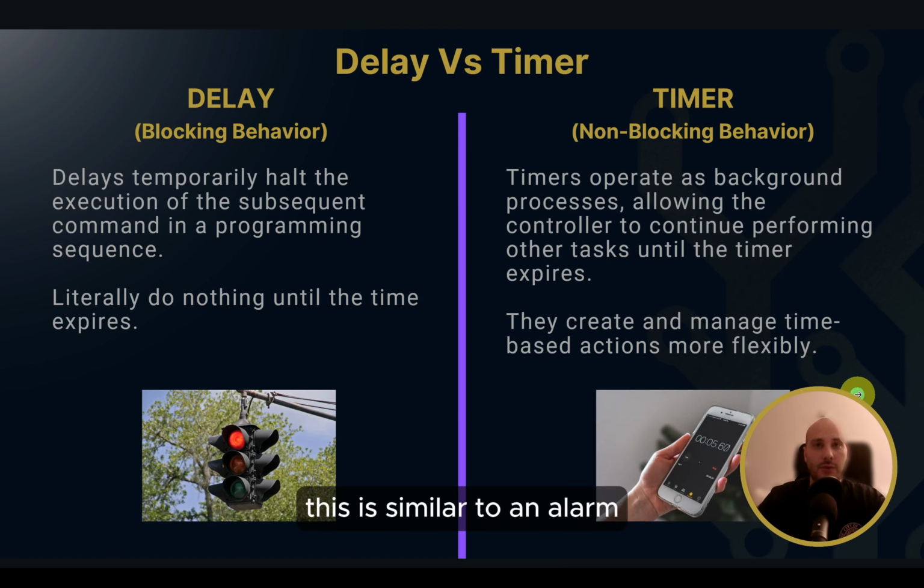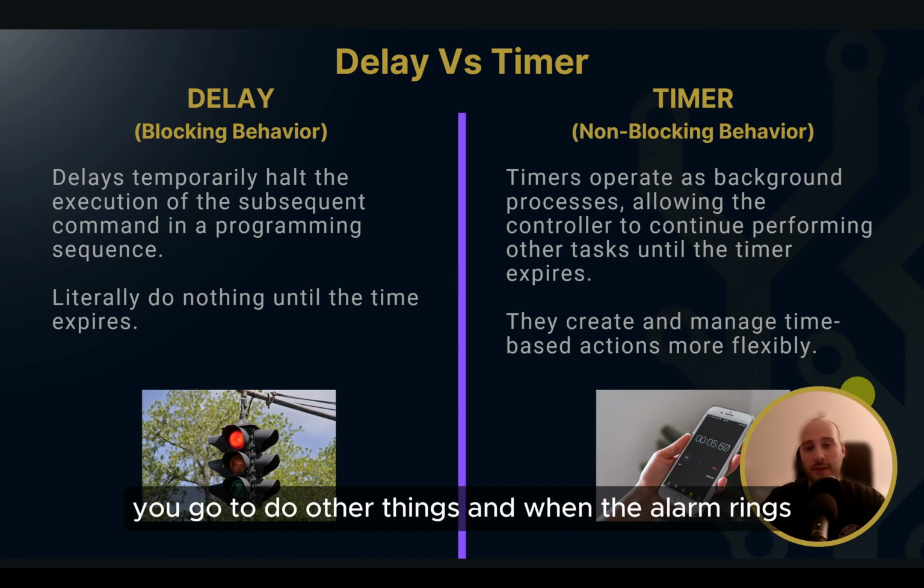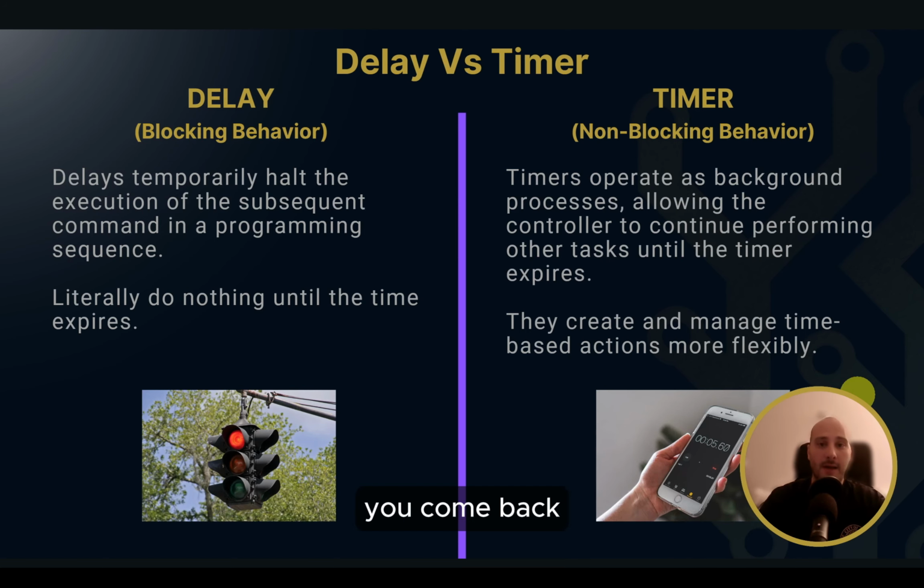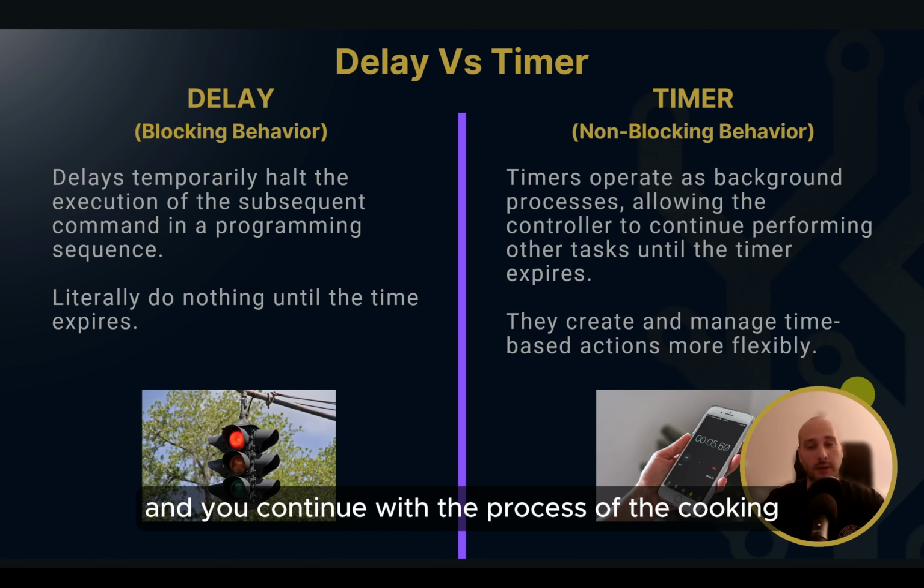This is similar to an alarm. Suppose that you are cooking and you need to wait 30 minutes. You set an alarm of 30 minutes and you go to do other things. And when the alarm rings, you come back and you continue with the process of the cooking.